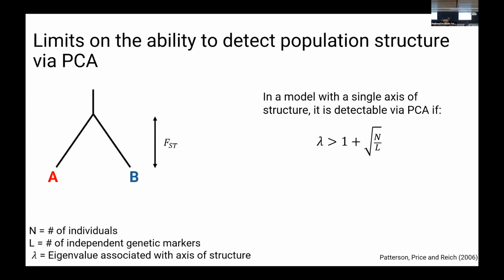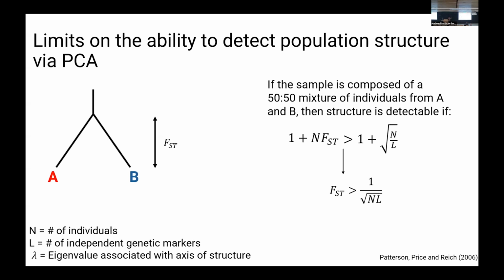And they use random matrix theory asymptotic results that tell us that for PCA in high dimensional data, a given eigenvalue associated with the signal you want to capture has to be larger than the expression on the right: 1 plus the square root of the ratio of the sample size to the number of independent sites L that you're using in the sample.